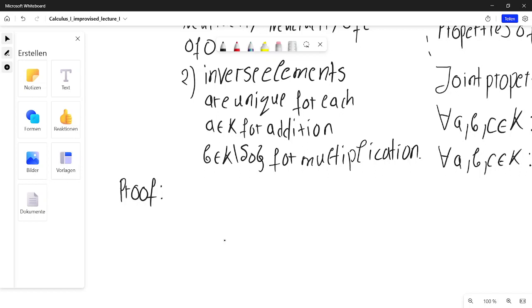We want to have uniqueness. That is, for each A element of K, for each B element of K without 0, we just take a look at inverse elements. Well, let's do it for addition, for example. Let's do it for multiplication, just to have another thing. We already know how to prove uniqueness, right?